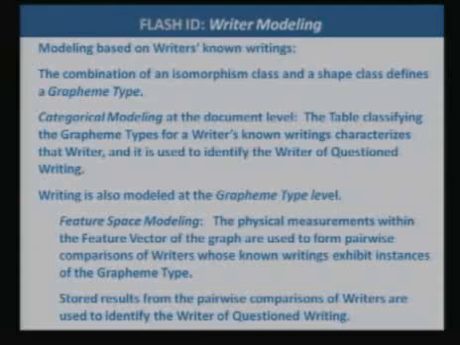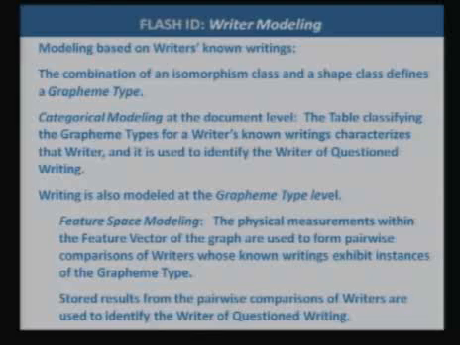What that does, in particular, is allow us to compare writers that are very much alike. If we were to deal with a categorical summarization of a whole document, look at the frequency table of the grapheme types, then for a writer, if we take that frequency table of the writer's known writings, that characterizes the writer.